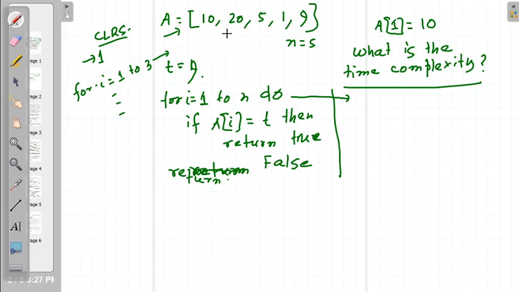Can anybody say? No, this is i equals 1 to 3. How many times will this statement be executed? This statement only. 3 times? Are you sure? 4 times? Why? Why?